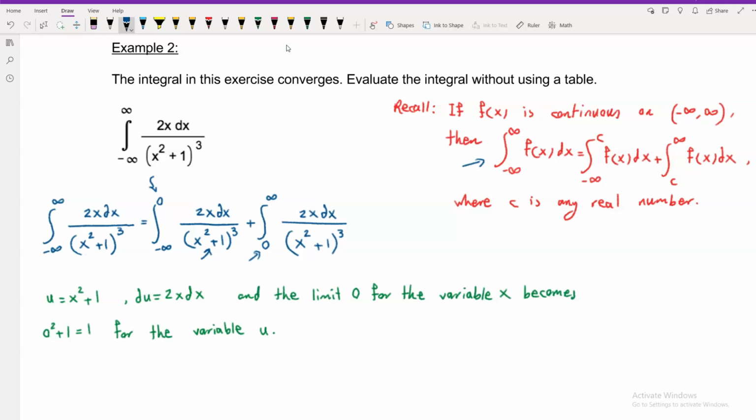So that is equal to u, and then the derivative du is equal to 2x dx, and the limit 0 for the variable x becomes, using x equal to 0 here, 0 squared plus 1, so that is equal to 1 for the variable u.